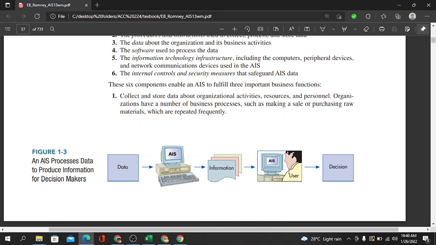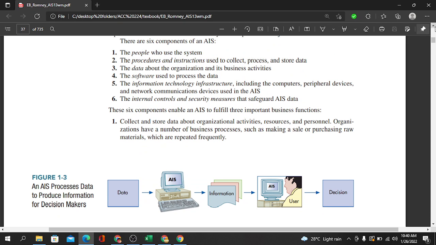And we need some people also, no? Kasi the people will decide. Siya ang mag-decide, no? And then, of course, we have the infrastructures and peripherals. And importante is the internal control and security measures kasi useless. Useless, you have the people, siguro you have the most skillful people in your organizations.